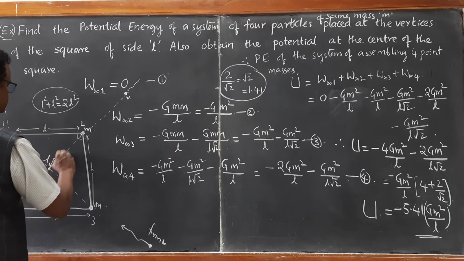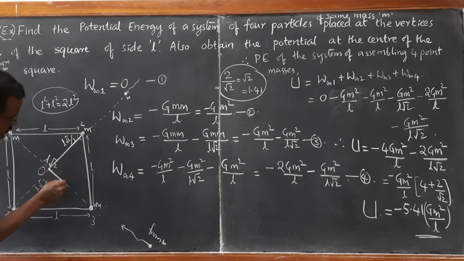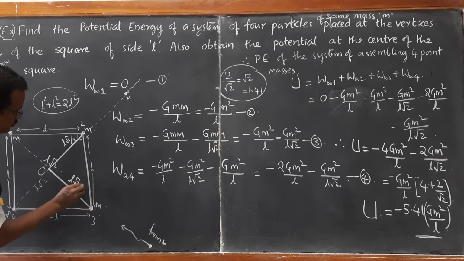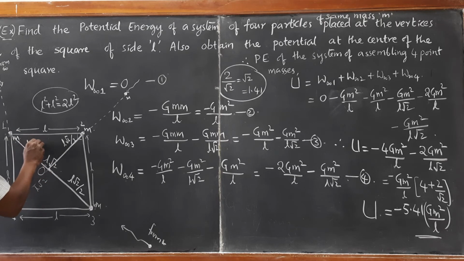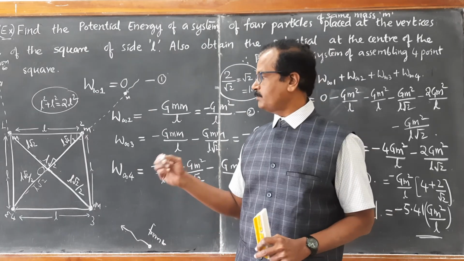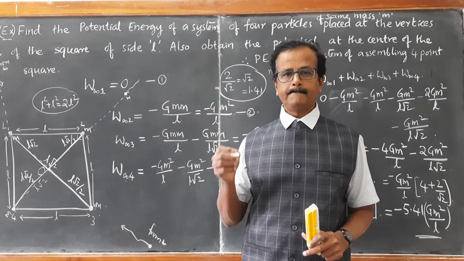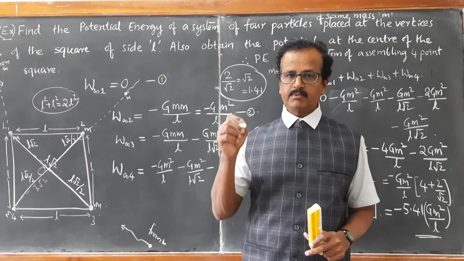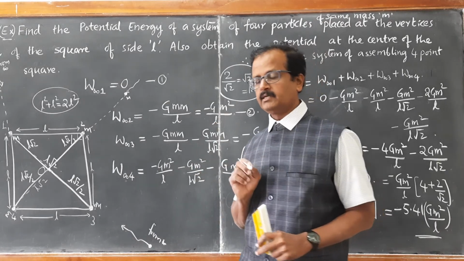From each corner it is at L root 2 by 2. So gravitational potential at that point is defined as the gravitational potential energy at that point per unit mass.